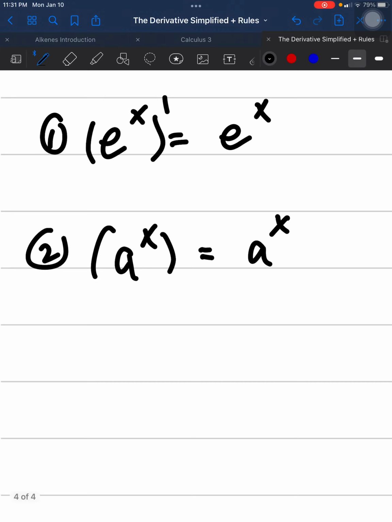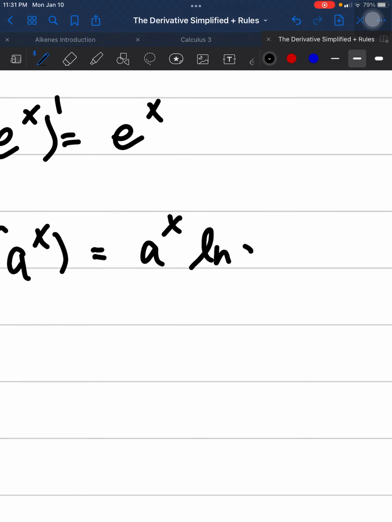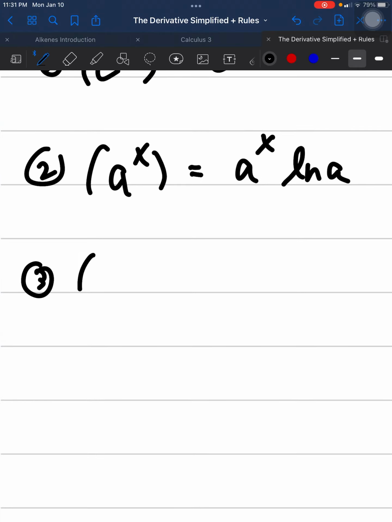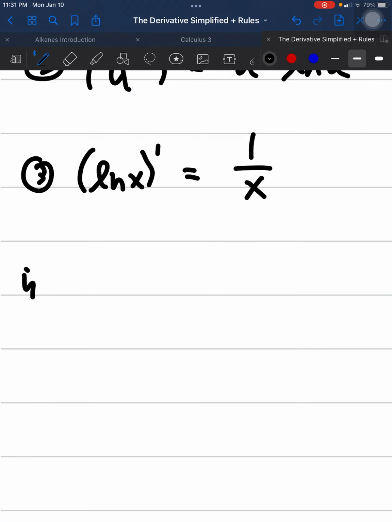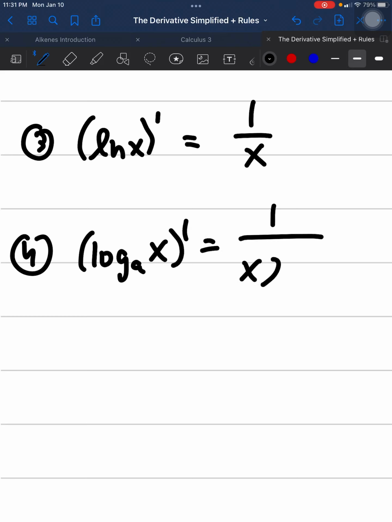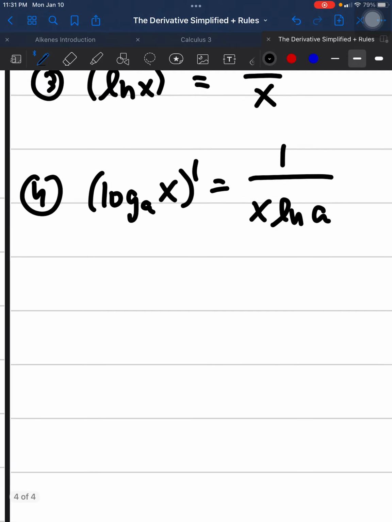And the derivative of this is just a to the x times ln of a. Derivative of ln of x is equal to 1 over x. Derivative of log base a of x is equal to 1 over x ln a.